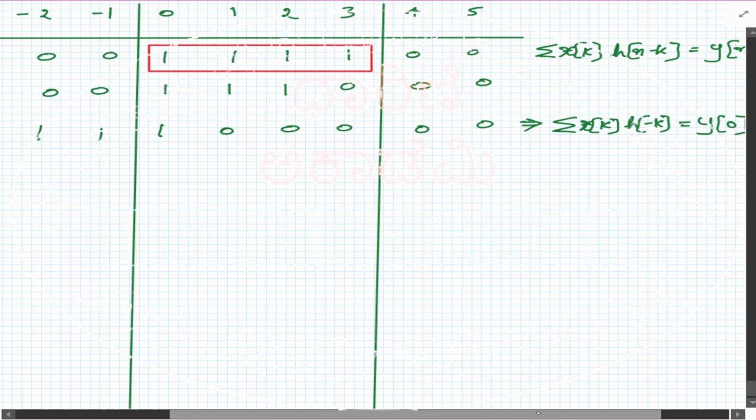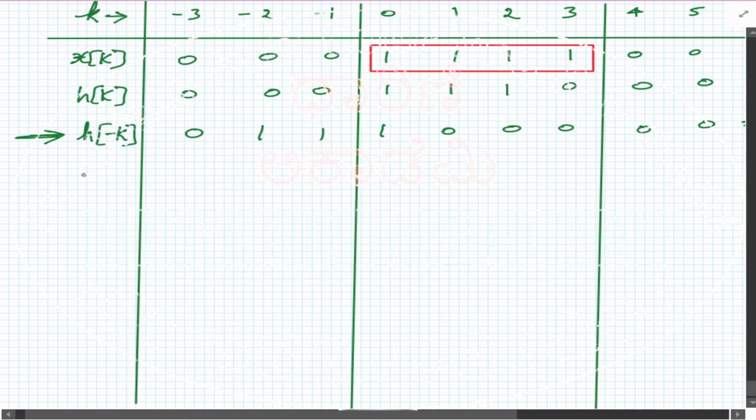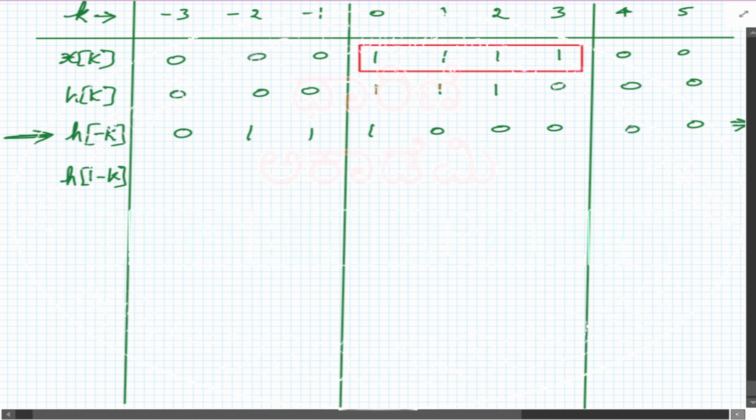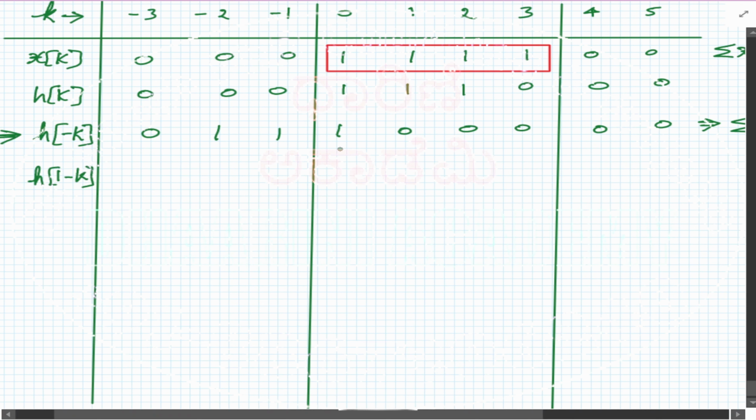Okay, now I'll move further. Now I make n equal to 1, so this becomes h of 1 minus k. Shift it right by 1 unit, because it is flipped, so moving will not be left, it will be towards the right. Every sample will move to the right by 1 unit. The one which was here will come to this position. All zeros will remain as they are. Now you multiply 1 into 1 plus 1 into 1, that is 2, plus 0 plus 0.